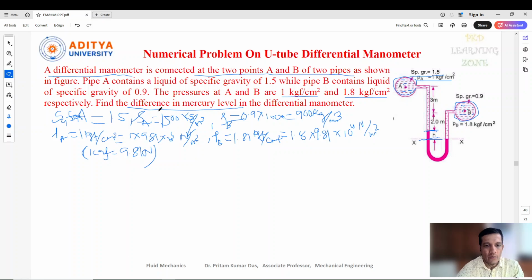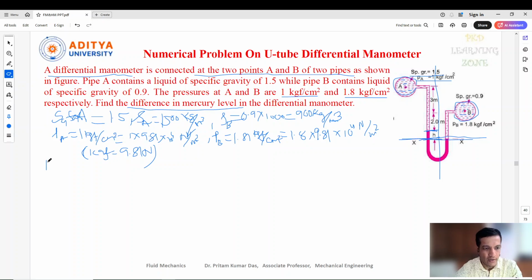Now we know the formula. We consider the left side pressure and the right side pressure. This is the datum line we need to select, and we consider the pressure above the datum line.